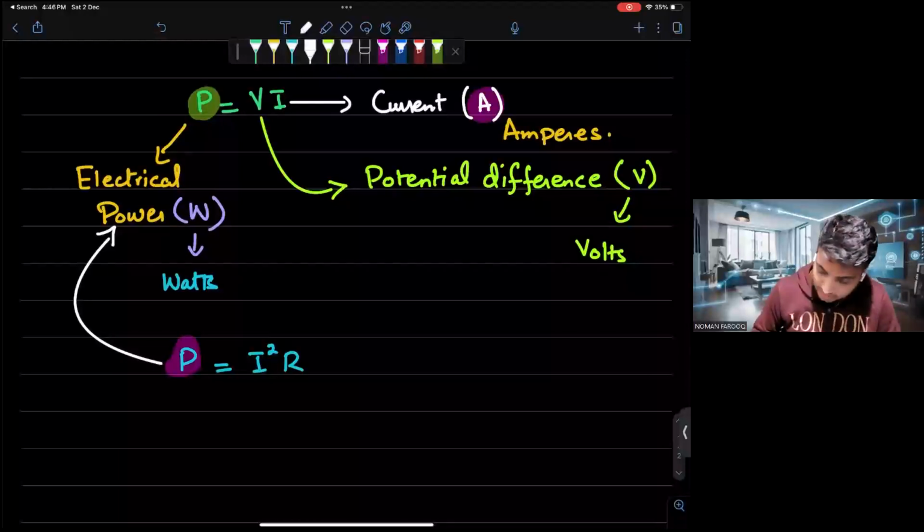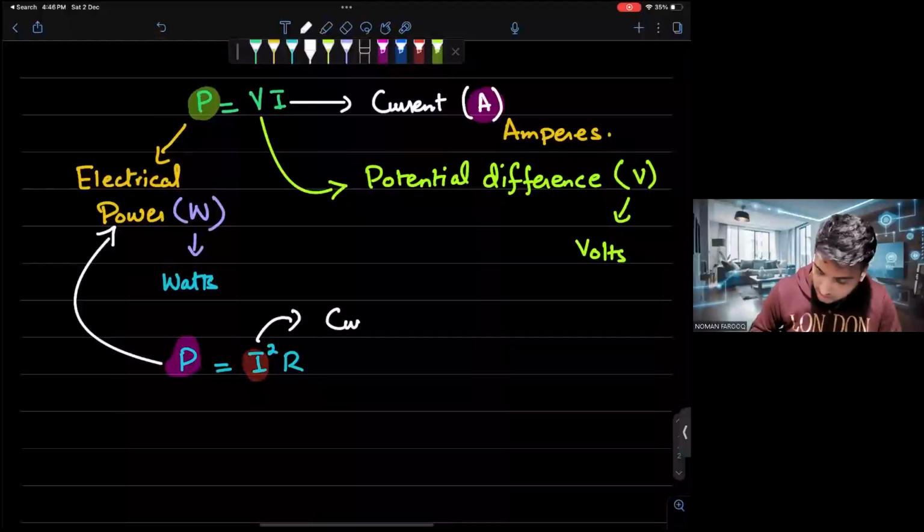I represents current, which is measured in amperes.